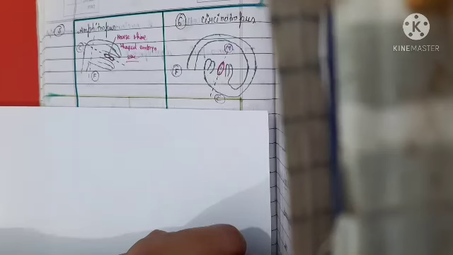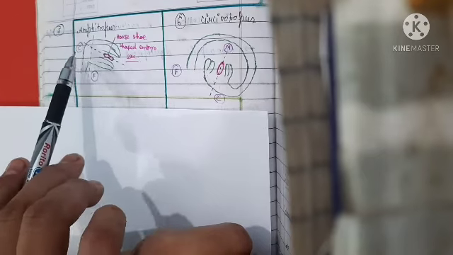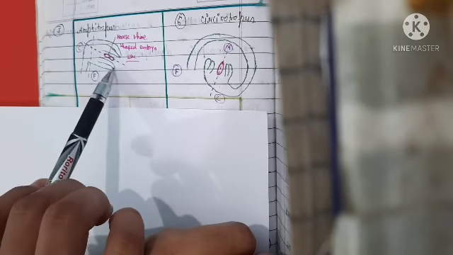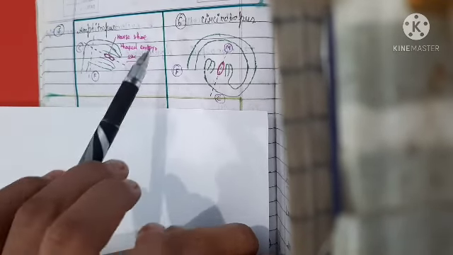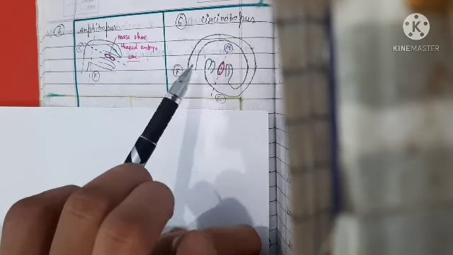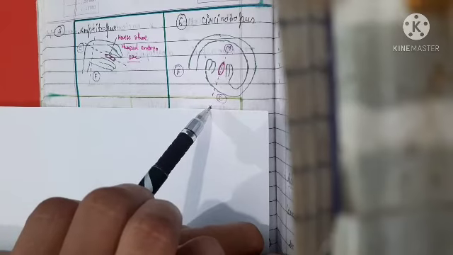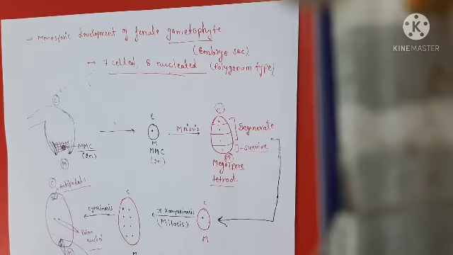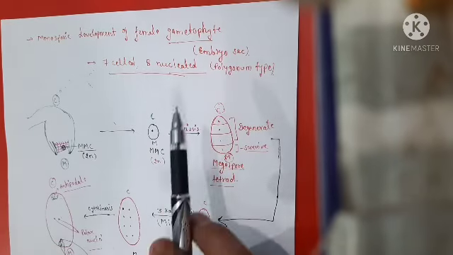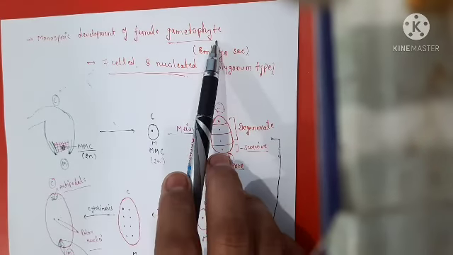In amphitropous, the chalaza is present here and the micropyle here. In circinotropous, the micropylar end is at this side and the chalazal end at this side.